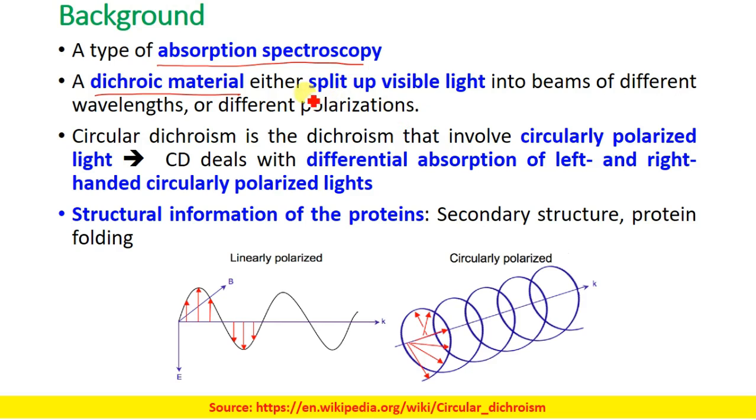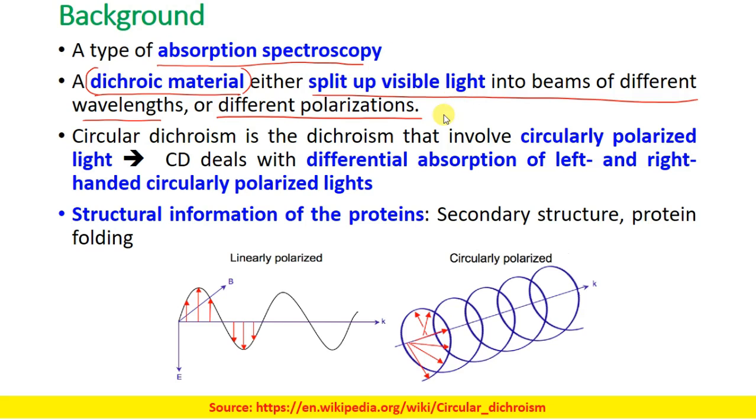either splits up the visible light into beams of different wavelengths or different polarizations. So a dichroic material splits up the visible light into beams of different wavelengths or different polarization.